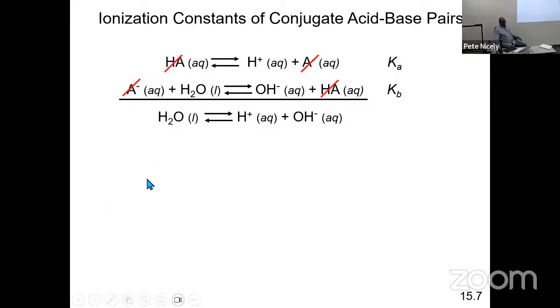Now, another question I want to ask you is this. If you add these two equations to get this equation, then what must you do with these values to get the K for this equation? We learned this in the previous chapter. When you add two equations and you have their respective equilibrium constants, what would be the relationship between the equilibrium constant of the derived equation in relation to the two equations you're adding?